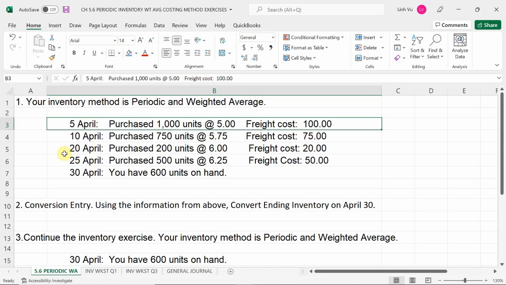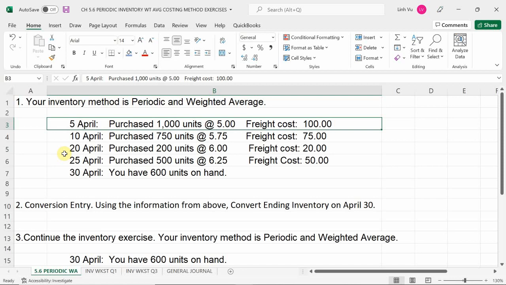So for these scenarios, since we've already practiced how to journalize these transactions for FIFO and we just did it again for LIFO, I only want you to focus on plugging the numbers into the inventory worksheet because they're all identical when journalizing. So you don't need to keep doing that, right? We get the point.